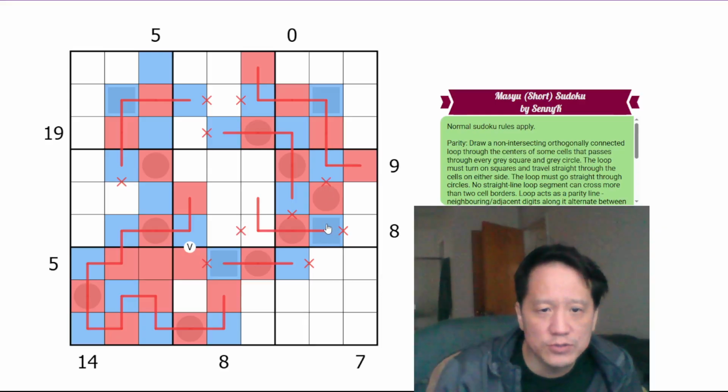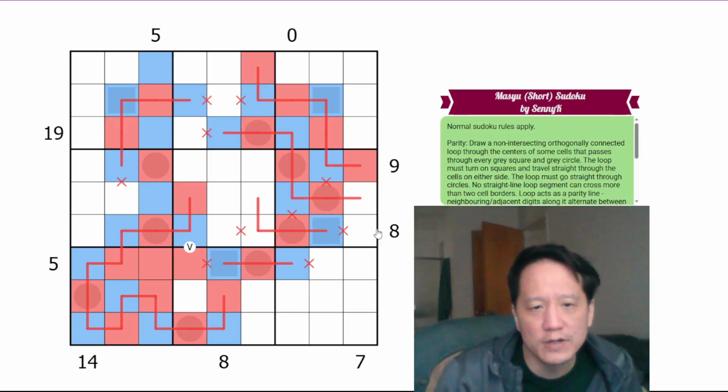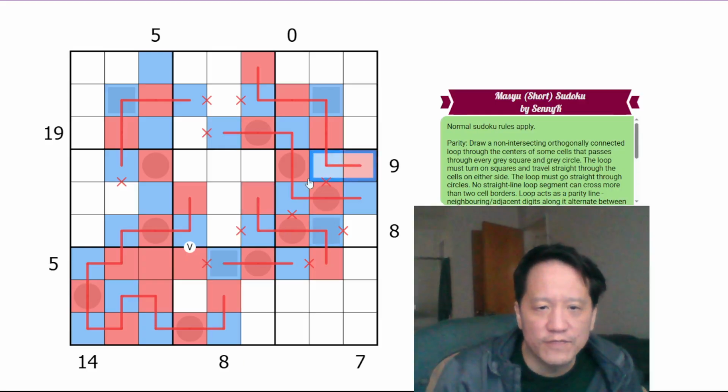This cannot go straight through here, so this must go straight through that way. This has to turn there. So this is even. This must be odd. This is even. This is odd. We have 4 evens in box 6, so this must be odd. We have 4 evens in row 6, so these must be odd.